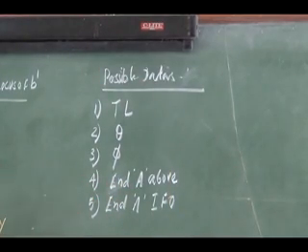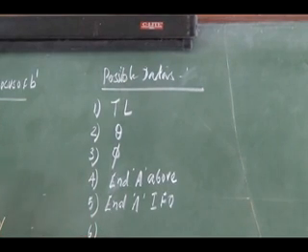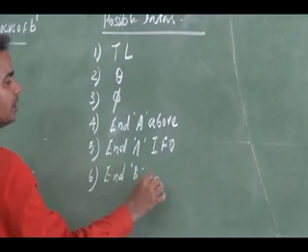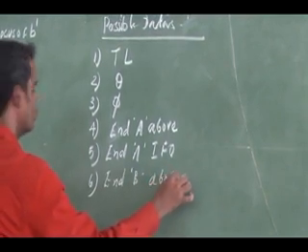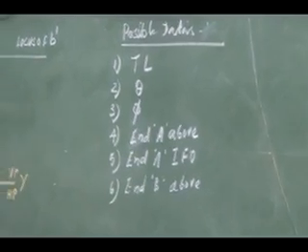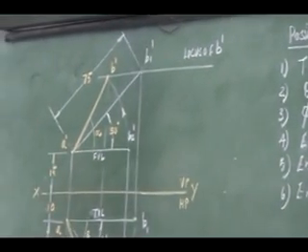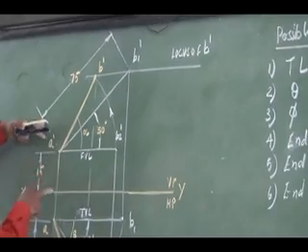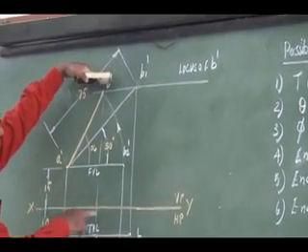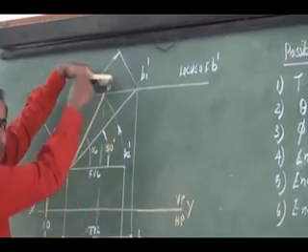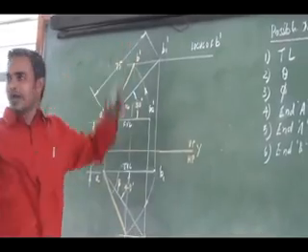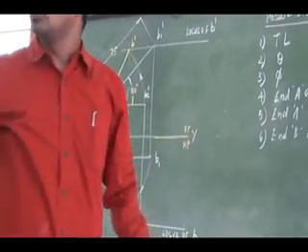Apart from this, there is possible data I can give for end B above distance. End A above distance is nothing but A dash location from the reference line. What is B dash location from the reference line? That height will be given. That is nothing but the locus height.